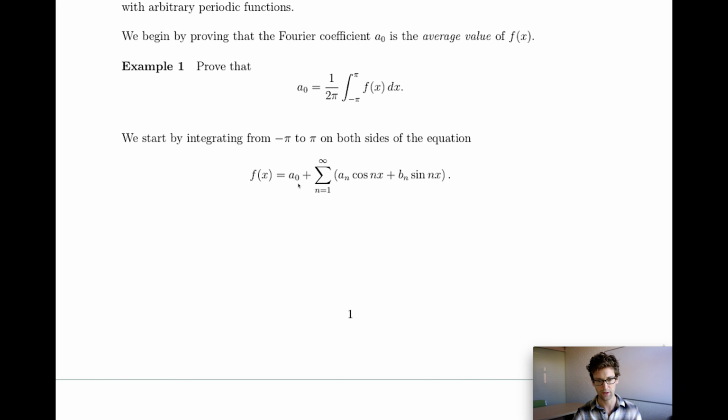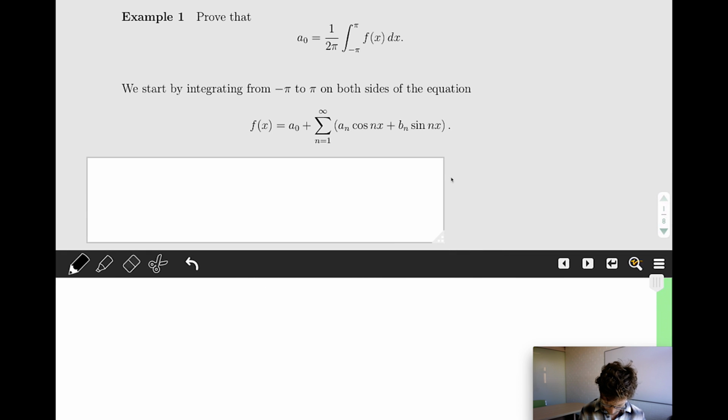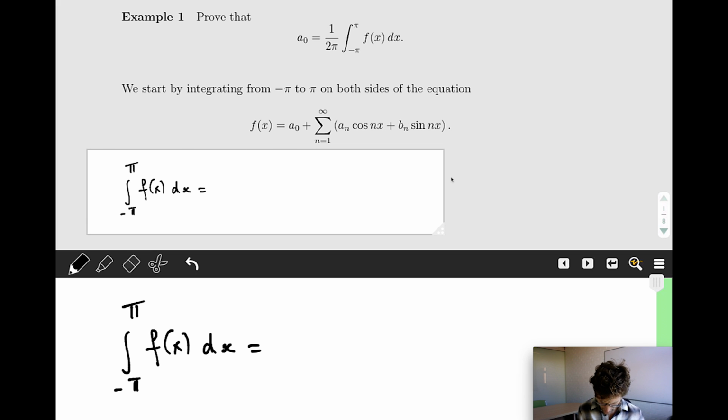So again, f of x is equal to a0 plus cosines and sines. What I'm going to do here is integrate both sides of this equation from minus pi to pi. So the integral from minus pi to pi of the left-hand side is equal to the integral from minus pi to pi of the right-hand side.